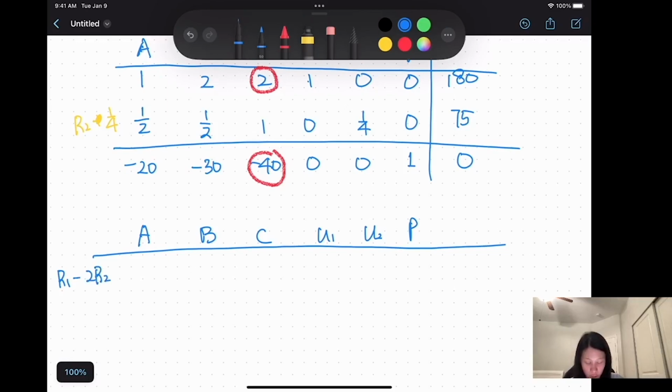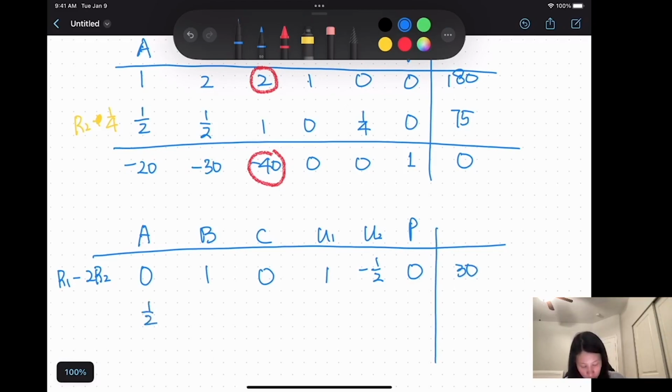So I have 1 minus 1/2 times 1, which is 0, and 2 minus 2 times 1/2 is 1, 0, 1, and then this is going to become negative 1/2, 0, and the 180 minus 2 times 25, which is 30, is left.